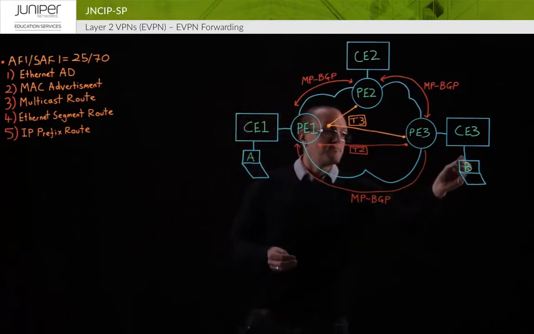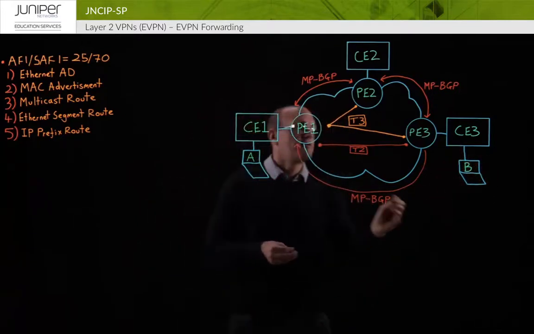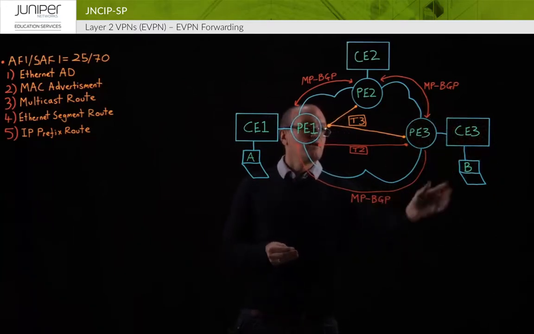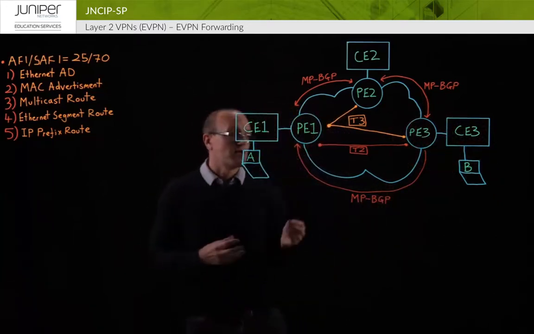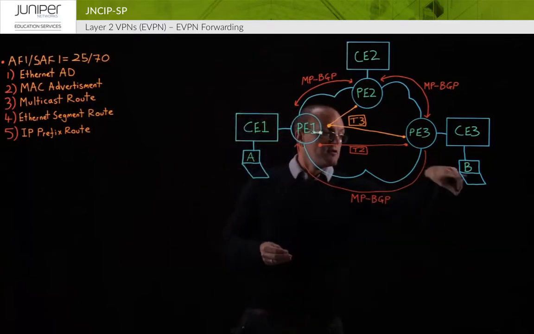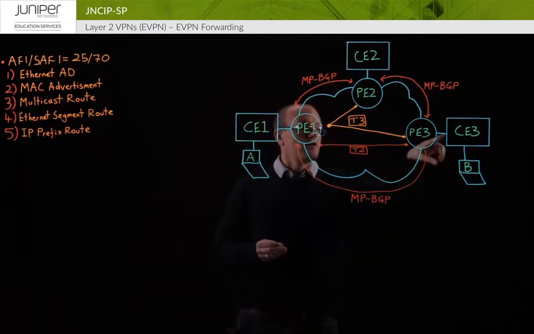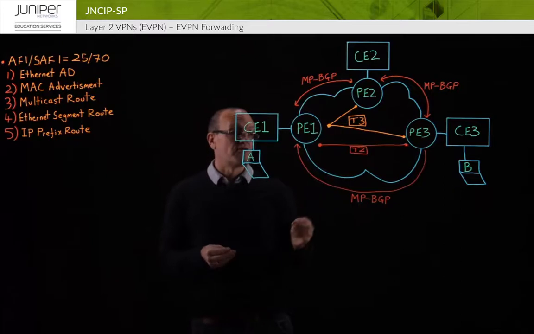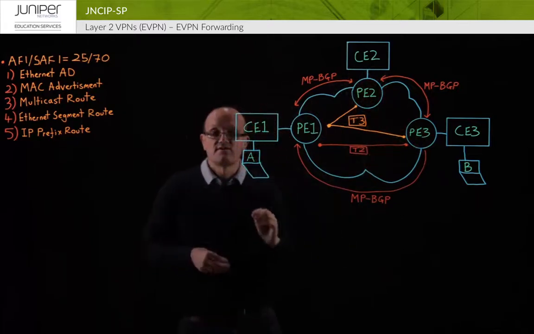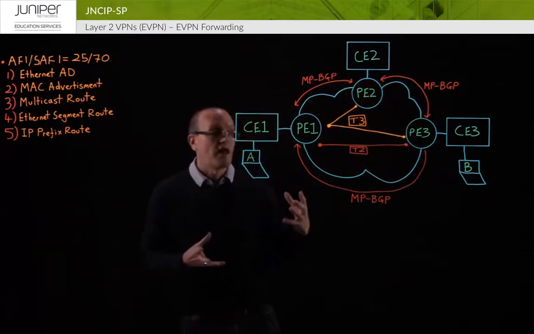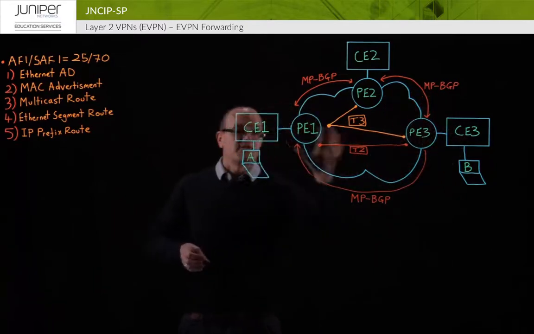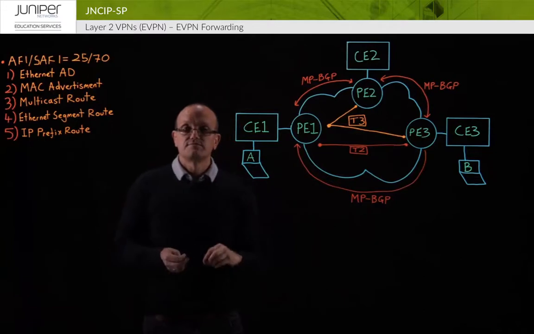So host B sends traffic to host A across CE3 to PE3. PE3 learns the location of the MAC address B, associates it with his incoming interface, and also advertises the location of that MAC address in a type 2 route to the rest of the network, as well as forwarding that packet along the unicast path to PE1.